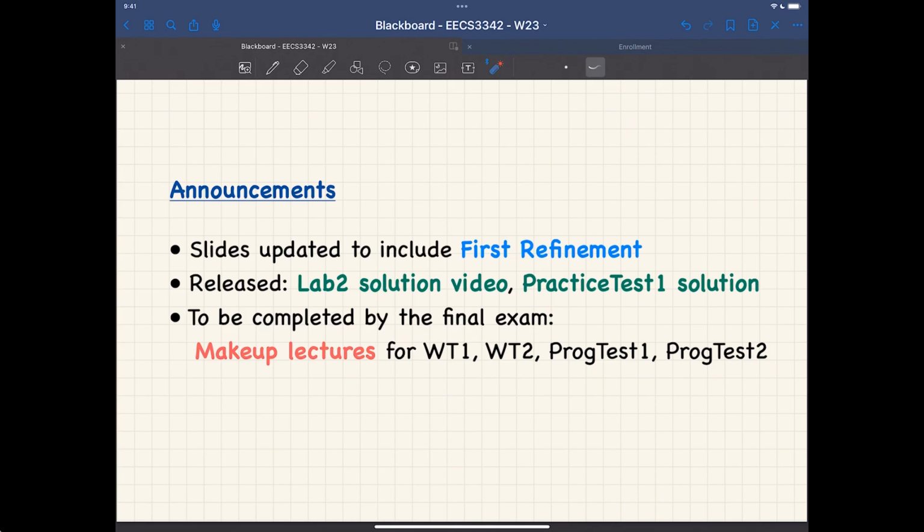Basically, for all the missing time from these 4 tests, since we take the normal scheduled time for the classes, to make up the time for you, rather than showing bits and pieces of the bridge controller, which can interrupt our lecture pace, let me only focus on the bridge controller in the in-person classes like today. For all the missing time, I would say that should be sufficient for now. In case I need to add anything extra, which is unlikely, I'll let you know. But this is what you have to study before the final exam.